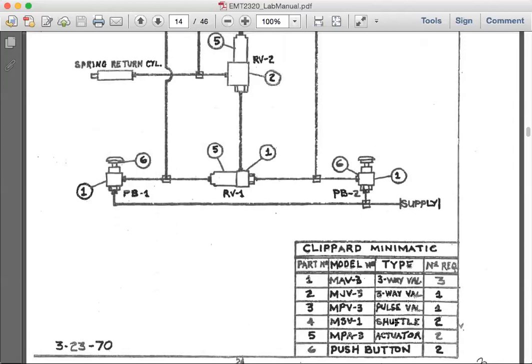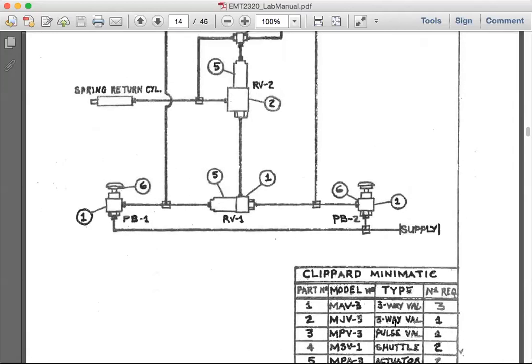So when you look at the number and you don't recognize the component from the shape of it, then you can confirm with the table of components what this component is.